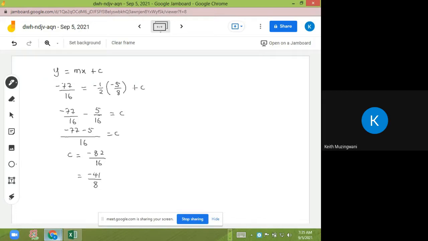Nothing else goes there apart from 1. So that the equation now is y is equal to negative half x minus 41 over 8. This is called the normal line equation.